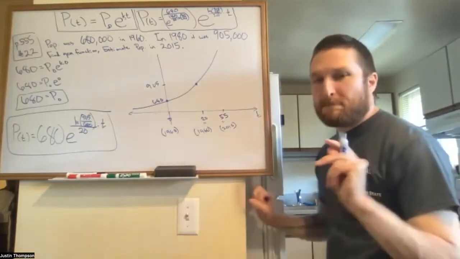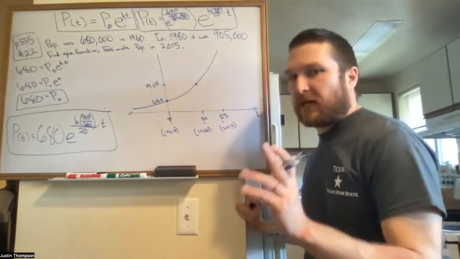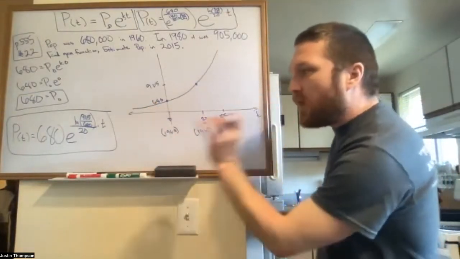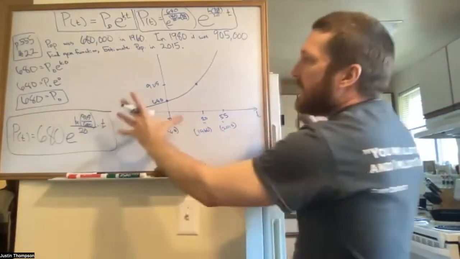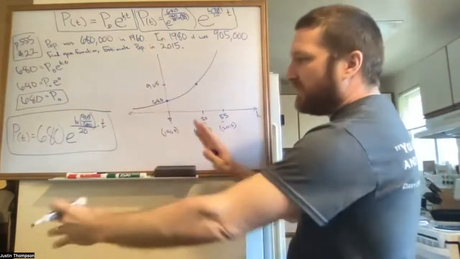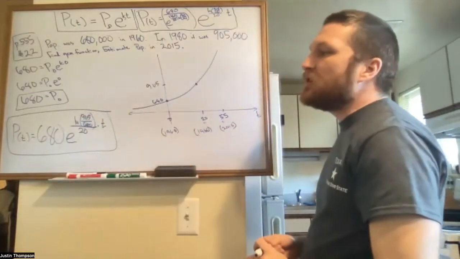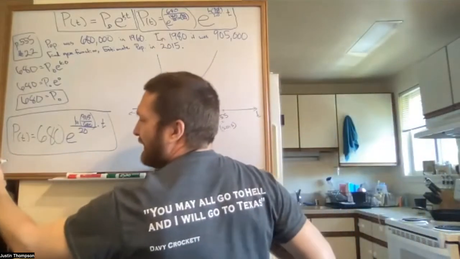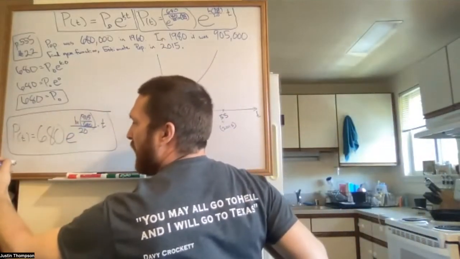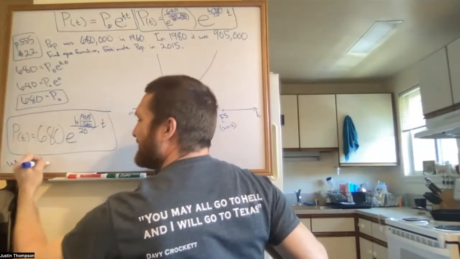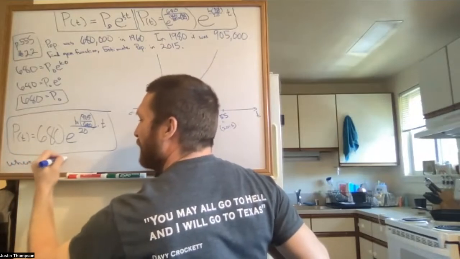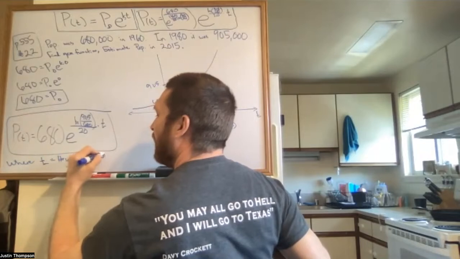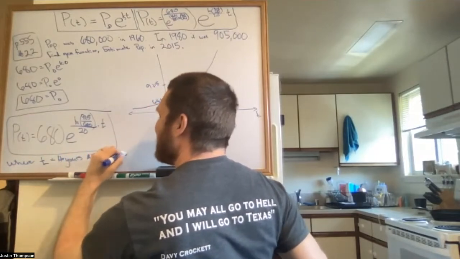I'm glad we had this because I was going to say this at the end. When you've taken your information and shifted it some way, it's really helpful to say, when you report this, where T equals number of years after 1960.